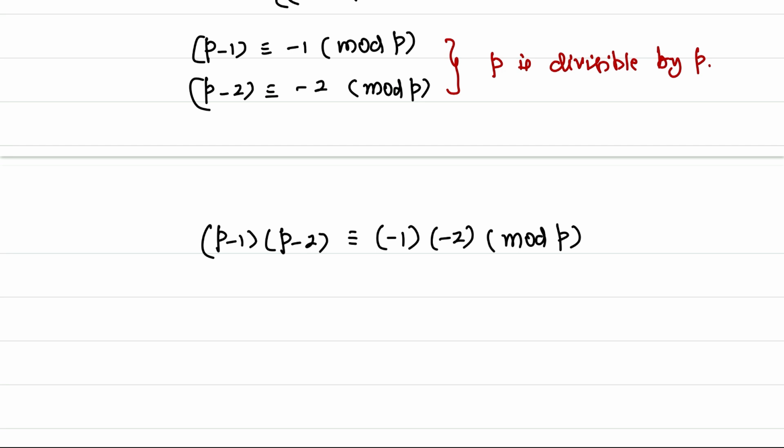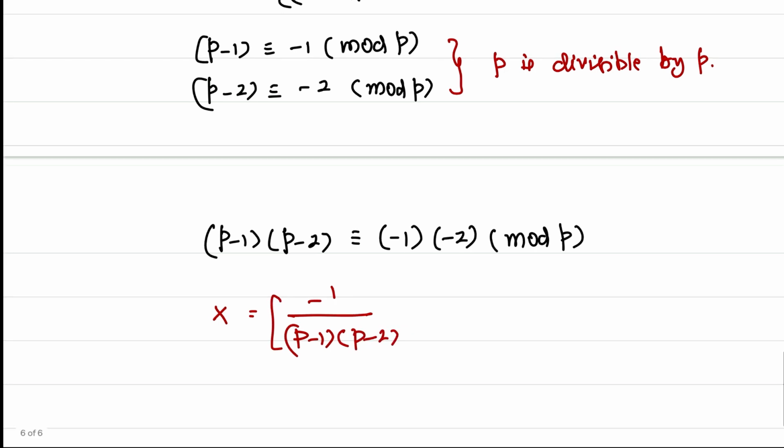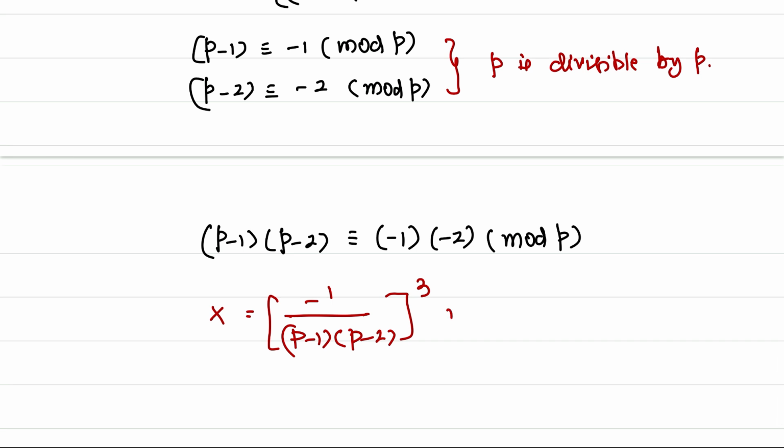Then we will connect this with the equation x is equal to minus 1 by (P minus 1) into (P minus 2) whole cube mod P. We are connecting these two. Connection of the equations I have explained very well in my previous lectures. Please see them.